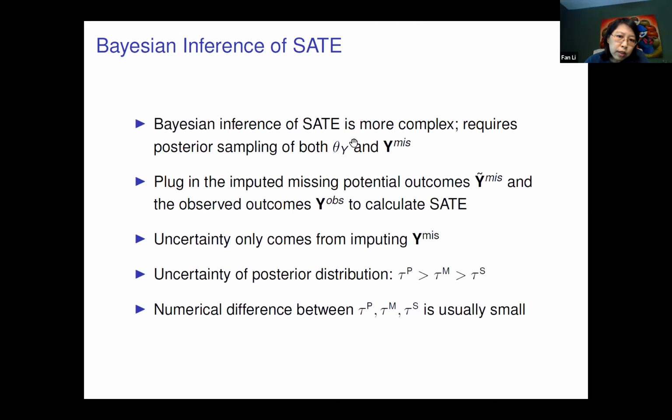But for SATE, because it depends on the association between Y1 and Y0, it's more complex because you not only need the posterior sampling of theta Y, you also need this Y miss, the missing potential outcomes themselves. So what you do is you then have a kind of bivariate distribution as we just specified in the example.